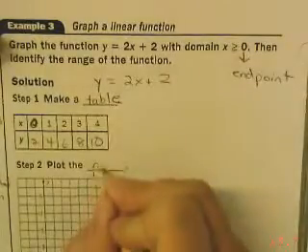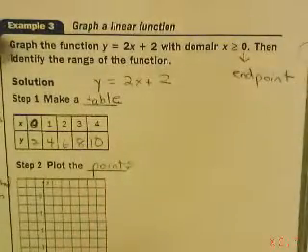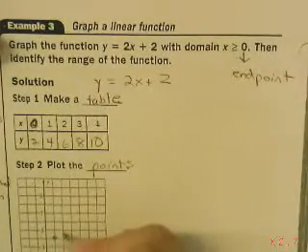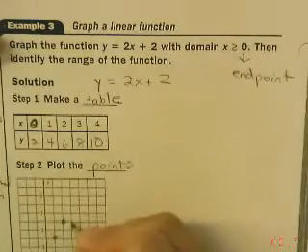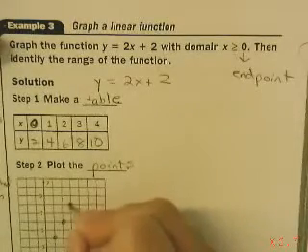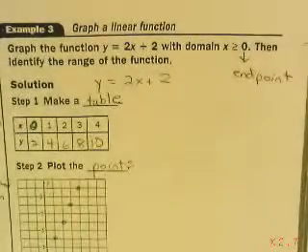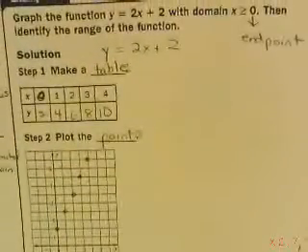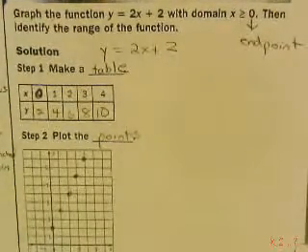The next thing I do is plot the points. So I plot 0, 2; 1, 4; 2, 6; 3, 8; 4, 10. Now, the question is, do I connect these dots? Well, the inequality is continuous, but it has an endpoint.